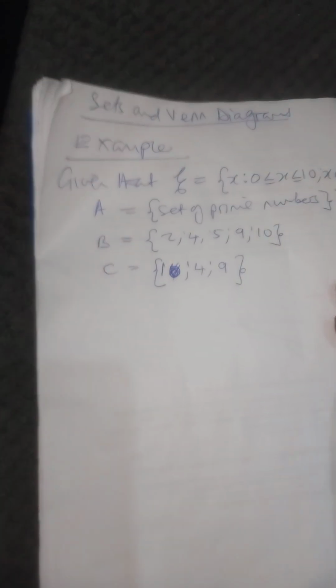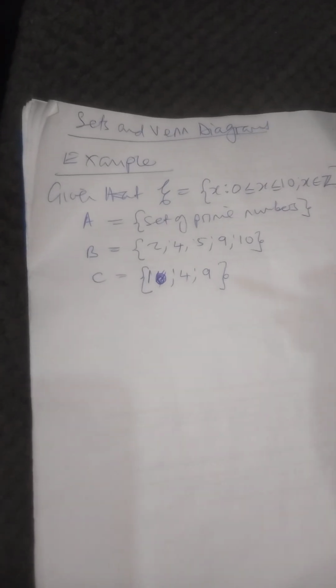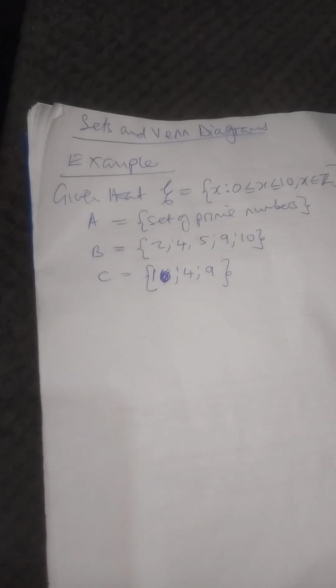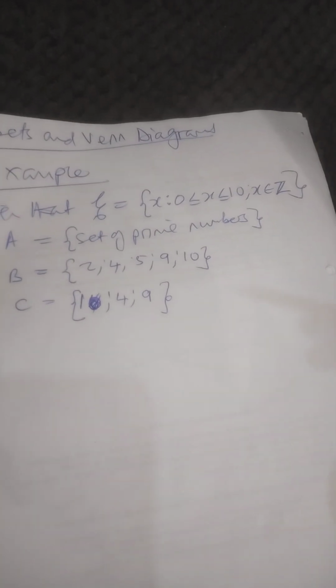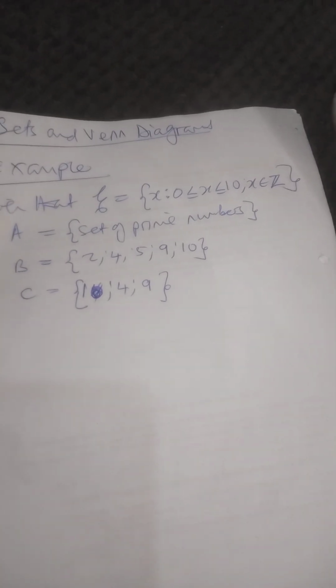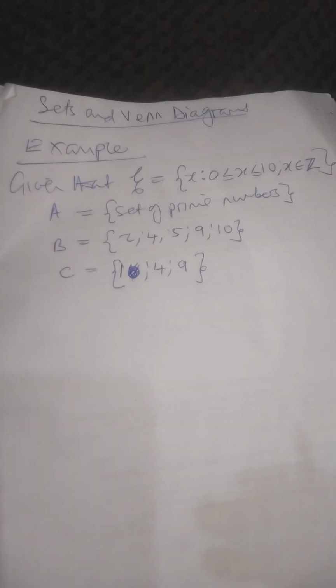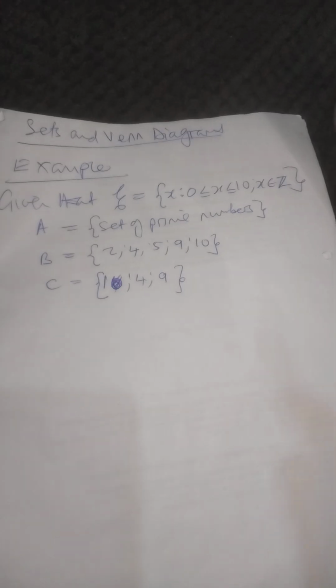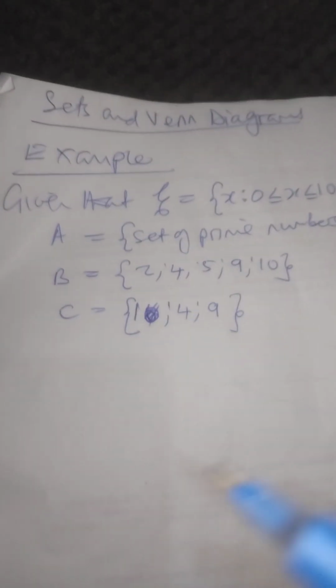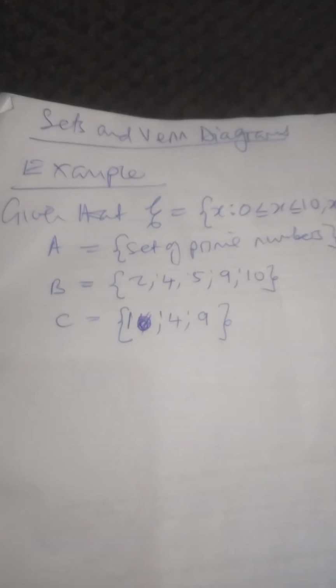Then from the mother set, I said last lesson, we have what are called subsets. The subsets are smaller sets which are obtained from the mother set, which is our universal set. Subsets are represented by circles in mathematics, while the universal set is represented by a rectangle.